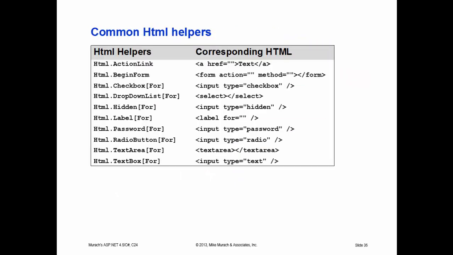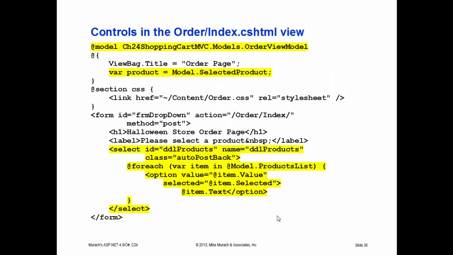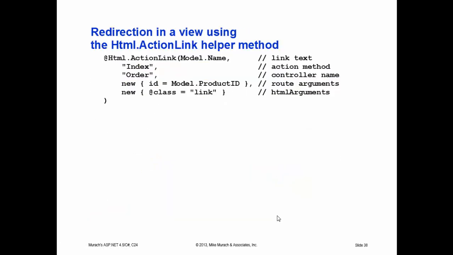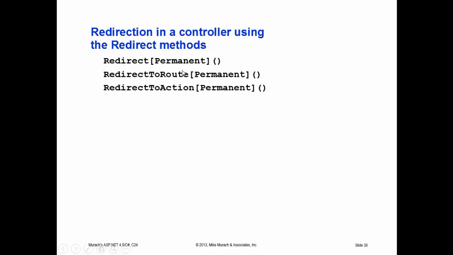The book has more information about some of the different HTML helpers that you can call, and the HTML that they generate. Redirection is available in MVC apps. You can set up an action link so people can move to a different link.